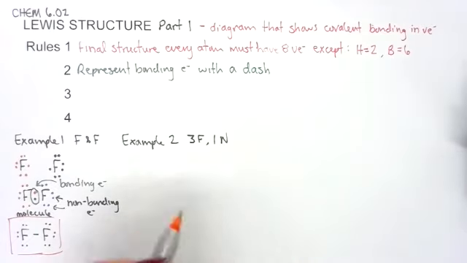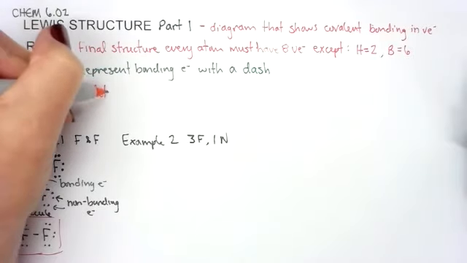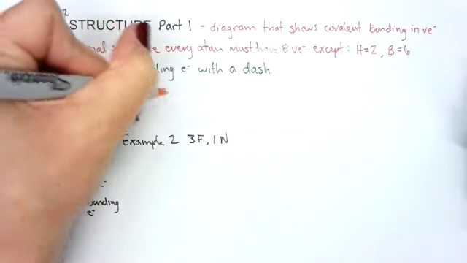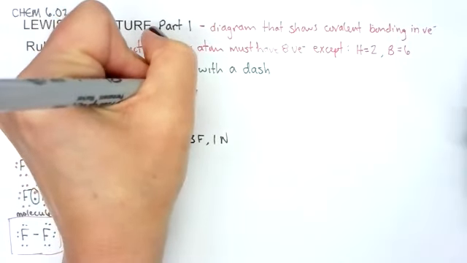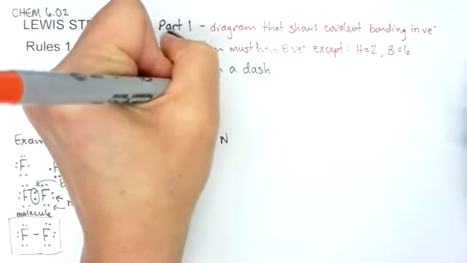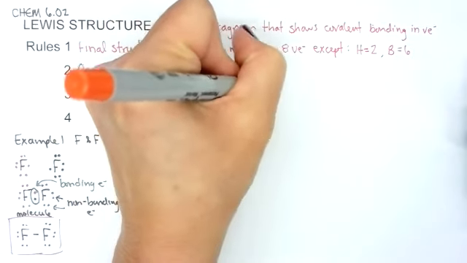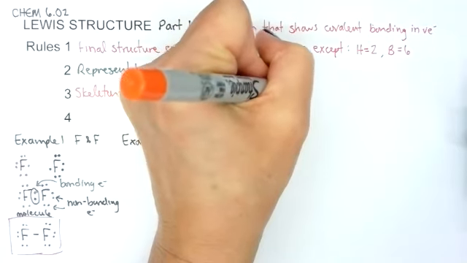So when we assemble our skeleton structure, the least electronegative element is central.